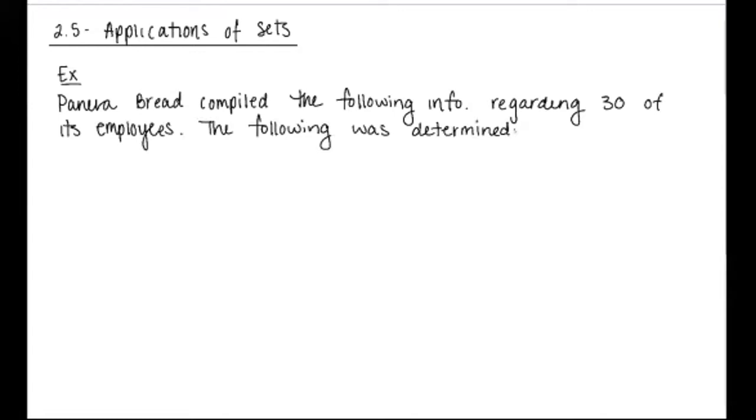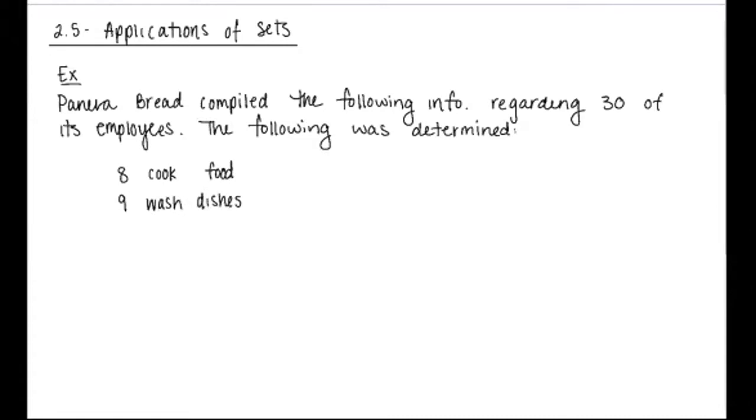So basically, those 30 employees have certain positions. They could do one thing, but not the other. So we have 8 people in total that can cook food. There are 9 people that know how to wash the dishes.